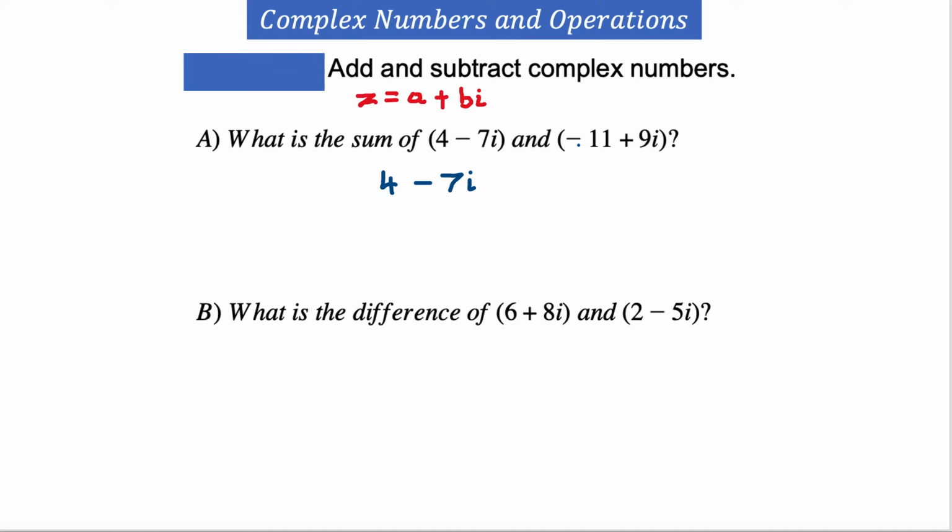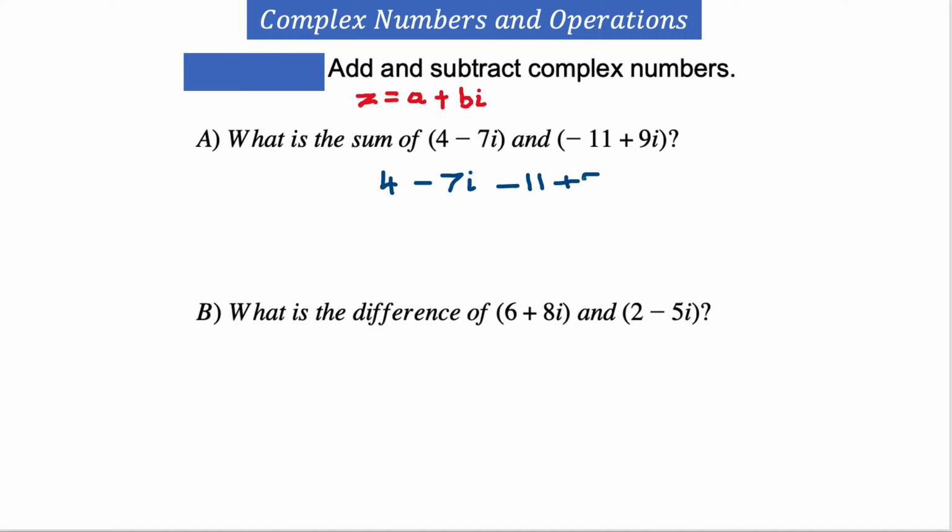Whatever sign is in front of the real number, we write with the same sign, and whatever sign is in the imaginary part, we write the same sign. So it is minus 11 plus 9i.